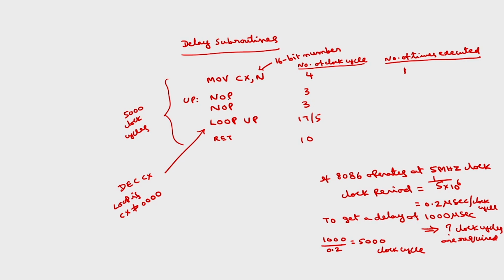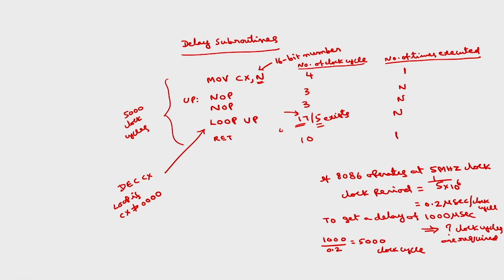And how many times will the others be executed? Because n is loaded here, this will be executed n times, this also n times, this also n times, and this is only one time. Okay. So here this 17 by 5 means whenever it jumps to the loop, 17 cycles are required, and whenever the loop exits, 5 clock cycles are required.